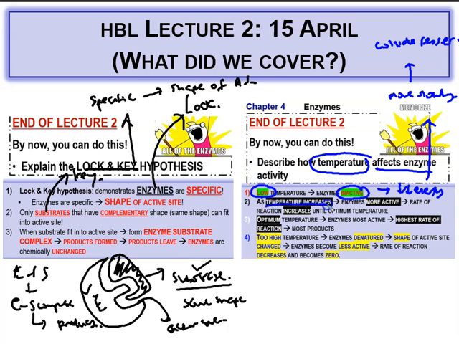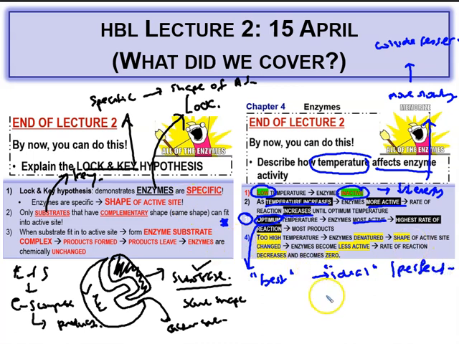Then as temperature increases, they become more and more active, so they collide more, and the rate of reaction increases because more products are formed. Then we said this is a very important temperature. Enzyme is the most active at the optimum temperature. Optimum temperature means the best, ideal, perfect temperature.